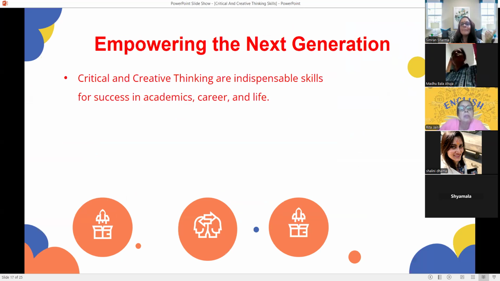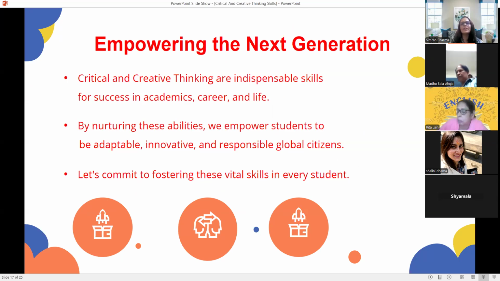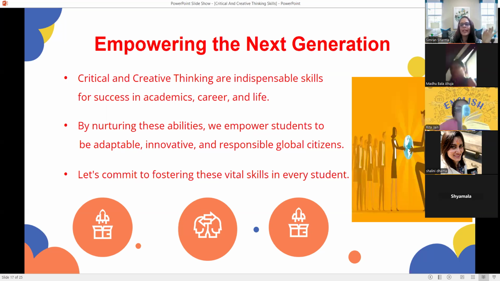Both skills empower our next generation because they are indispensable. They are very helpful in academic careers and real-life situations, and they make our students global citizens. Make sure they have them, because both skills are very vital in every student's life.